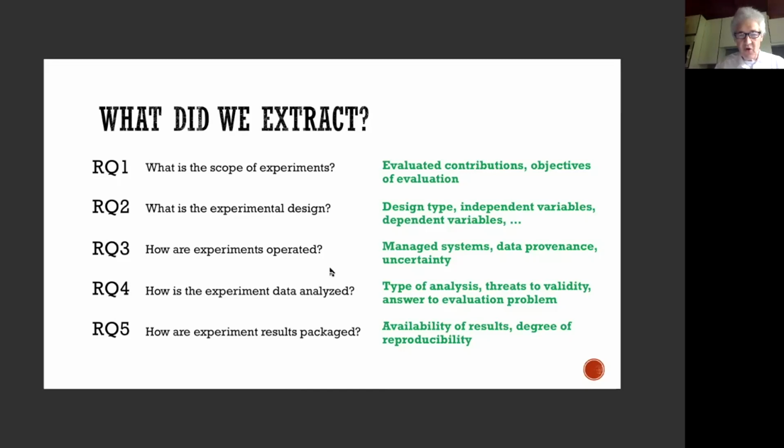For how experiments are operated, we looked, for instance, at what type of managed systems are used and how uncertainty is modeled in the system. For the analysis, we looked at what type of analysis has been done, how the evaluation problem is answered, and what threats to validity are discussed, for instance. And finally, for the packaging, we looked at the degree of reproducibility of the results.